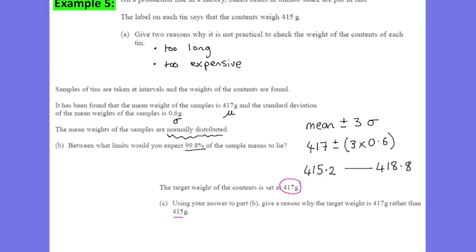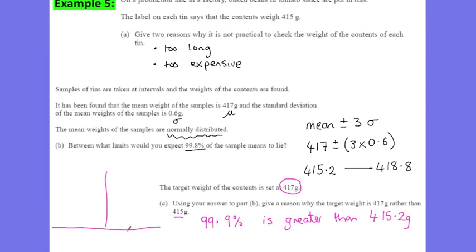Therefore, above this level is 99.9%. So by making the target weight 417, this means that 99.9% of the tins is greater than 415.2 grams. We can see that on a sketch of the distribution.